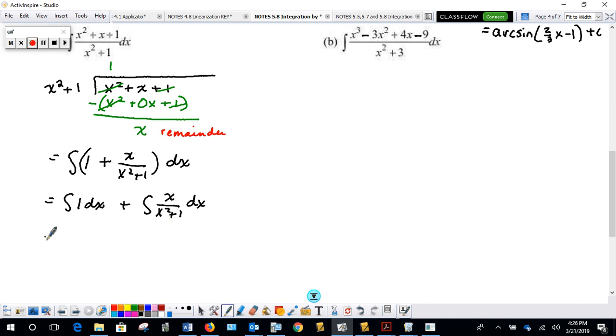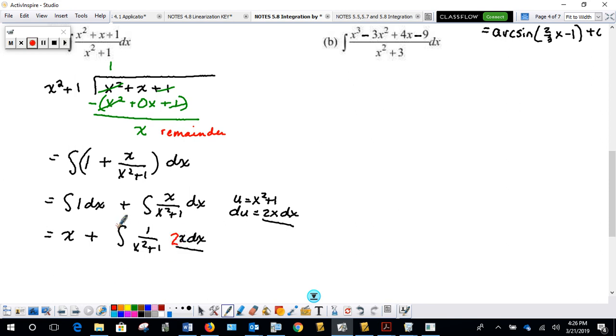Here the antiderivative is x plus, don't put the plus c, we're going to add it on to the end. Here I would do u equal to x squared plus 1. du would be 2x dx. I examine what I have here, 1 over x squared plus 1 times x dx, and I see that I am missing a 2.